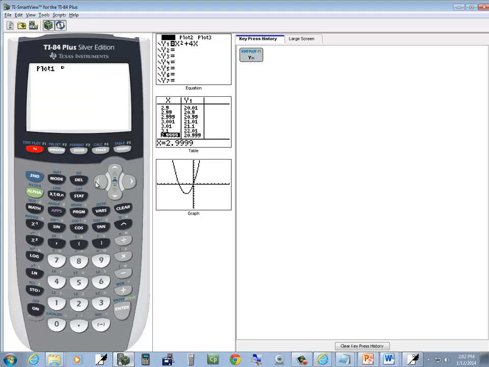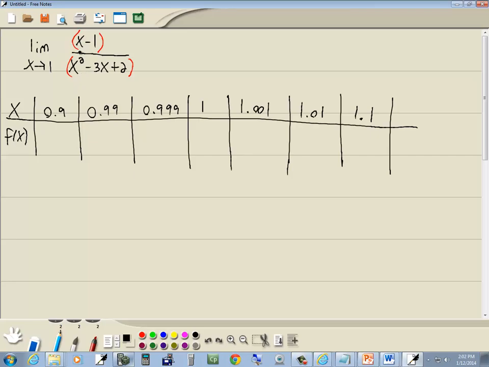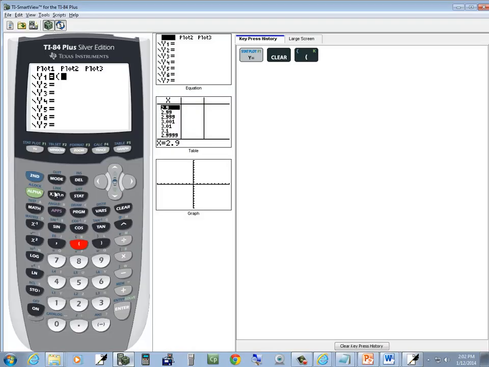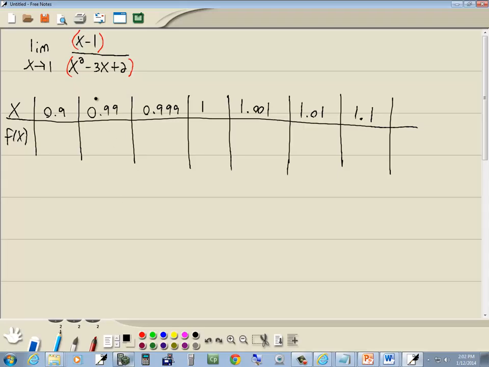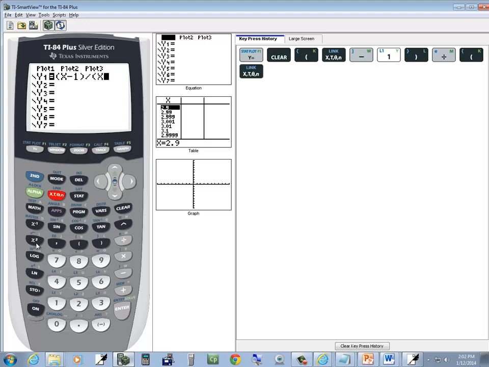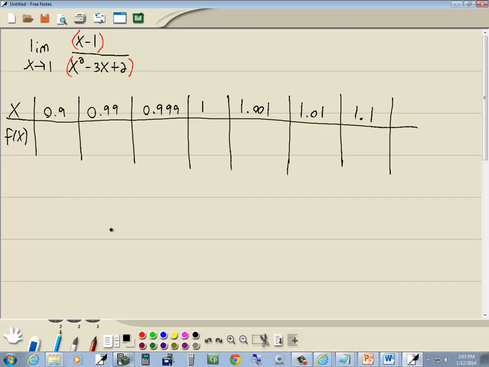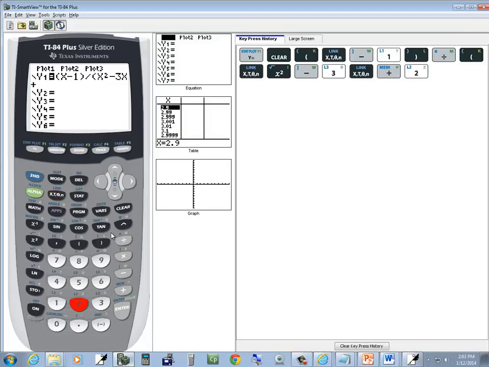So I'll press my y equals, press clear, do a beginning parentheses, that's the top here, x minus 1, closing parentheses, divided by, beginning parentheses, x squared minus 3x plus 2, closing parentheses.